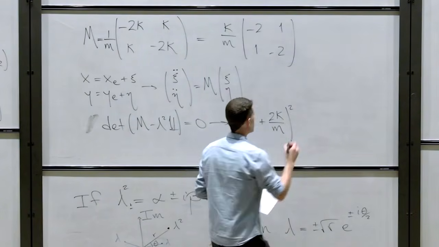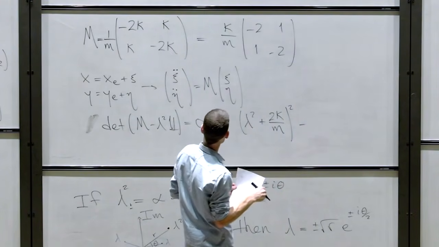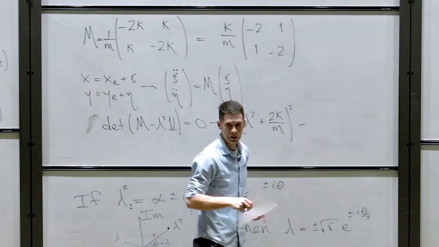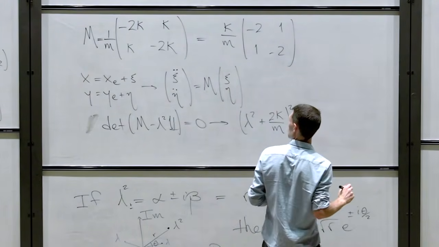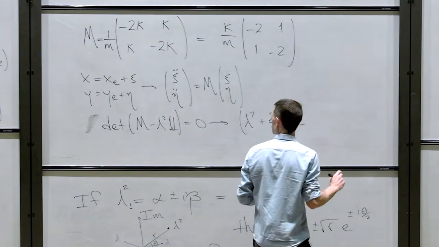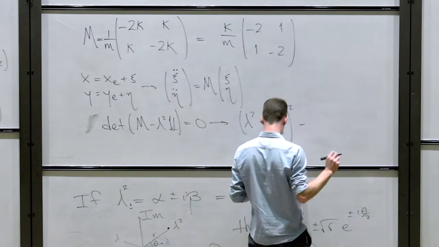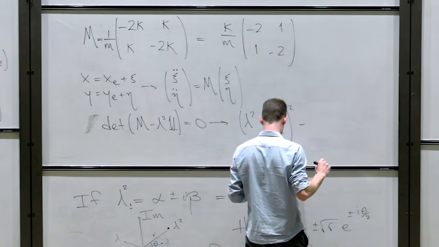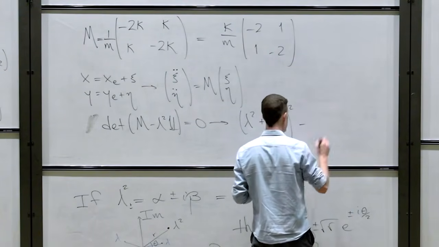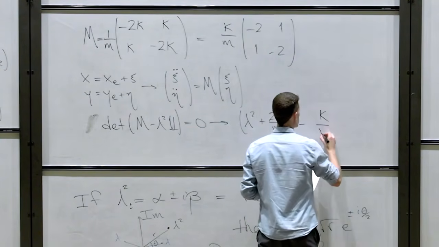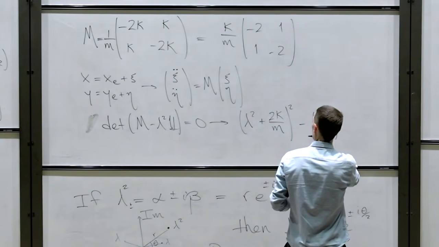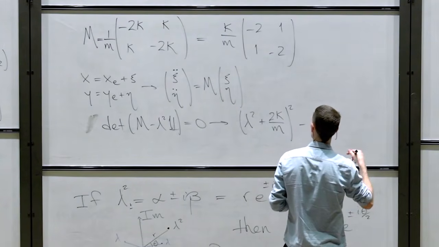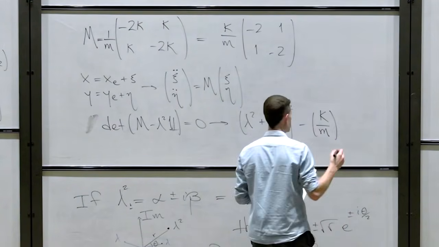minus this guy, which is just a minus 1, but times k over m squared. Why did I put k over m squared?